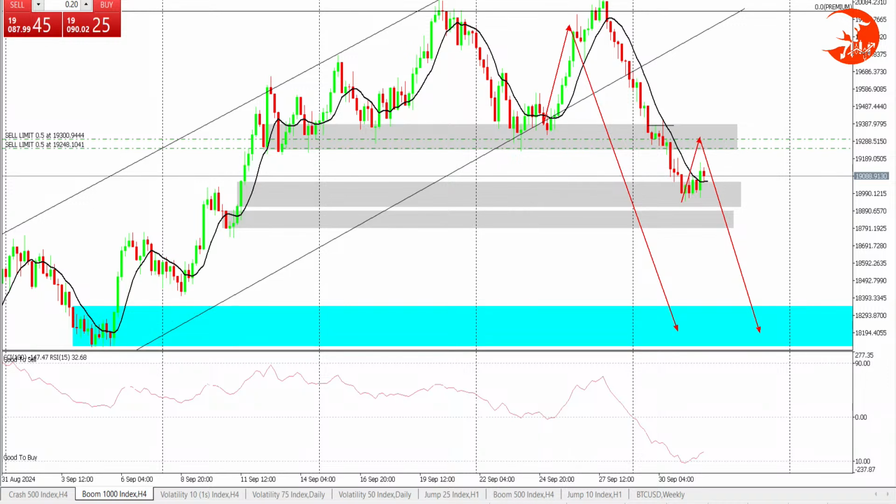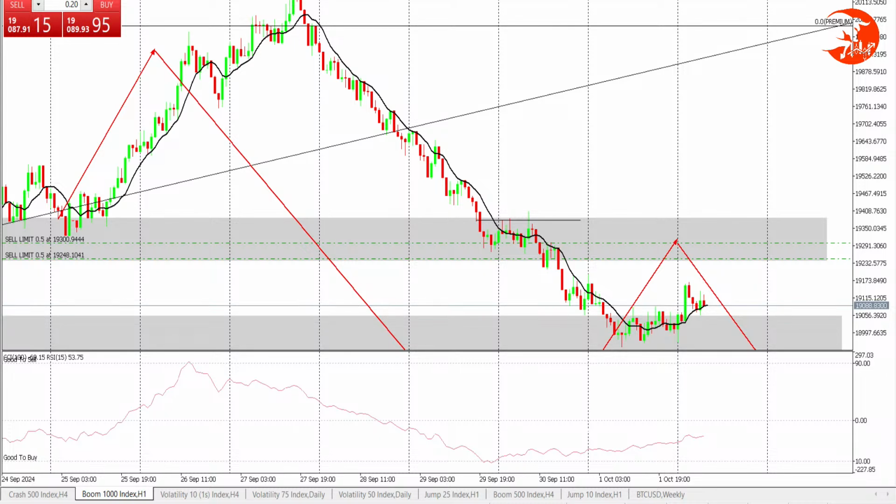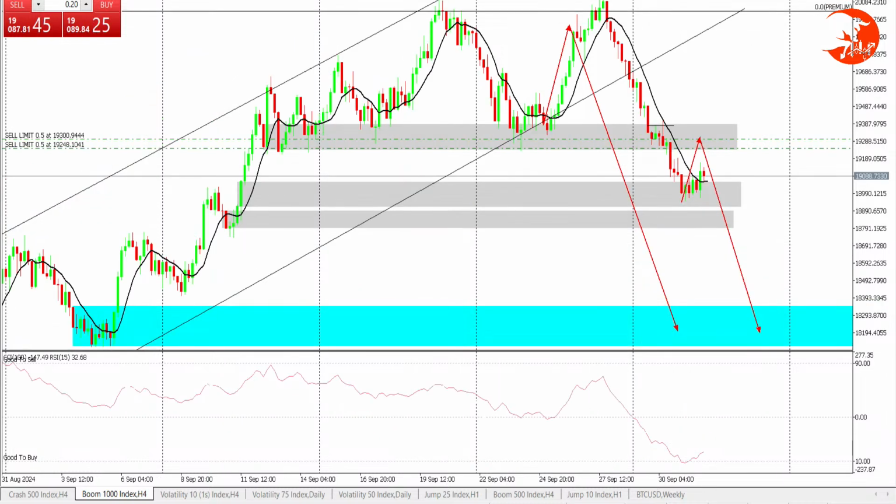Until it reaches there, I have no entries unless I see something else in a lower time frame, but I don't see it. So I have to wait for it to give me that retest.